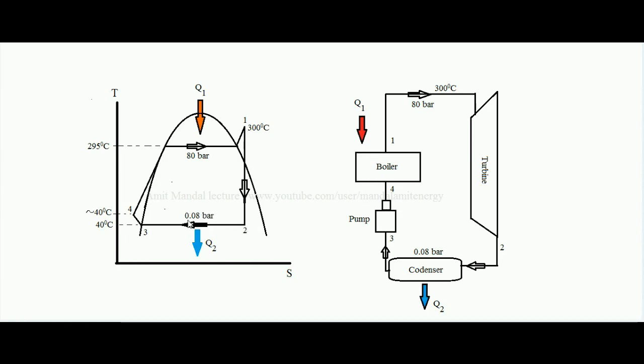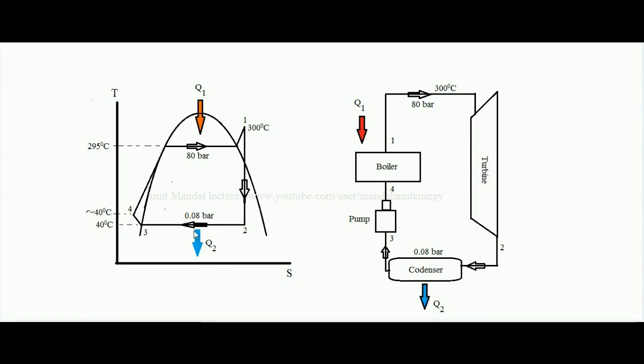What would be the condensing temperature? For 0.08 bar the saturation temperature of steam is 40 degrees centigrade. So that steam will lose its latent heat of vaporization, but the temperature of heat lost is 40 degrees centigrade. So heat is being lost from the cycle at 40 degrees centigrade.